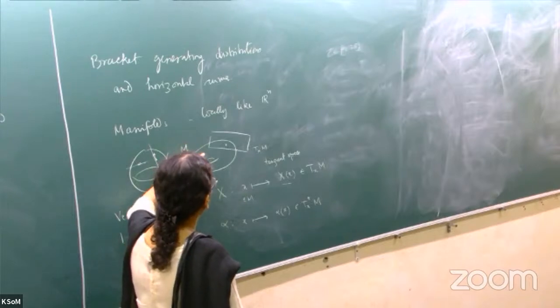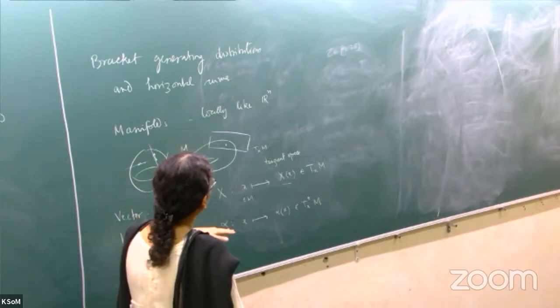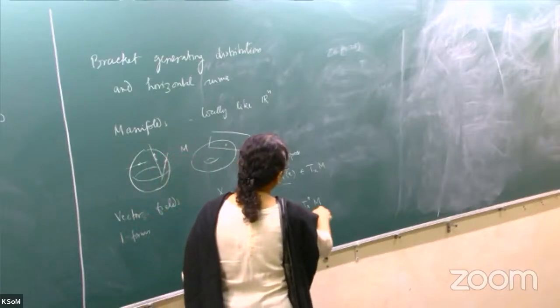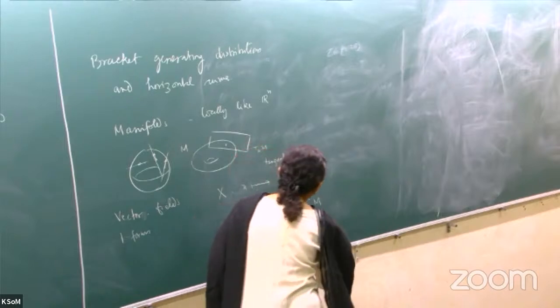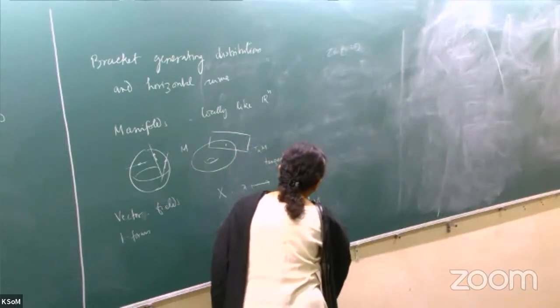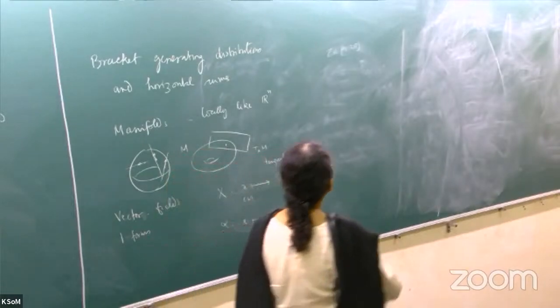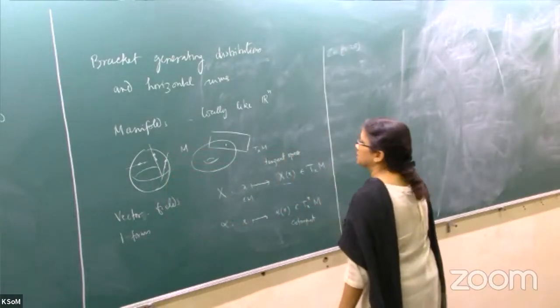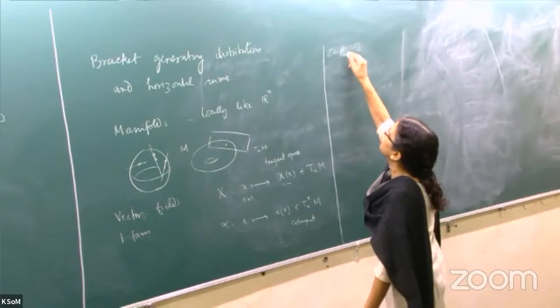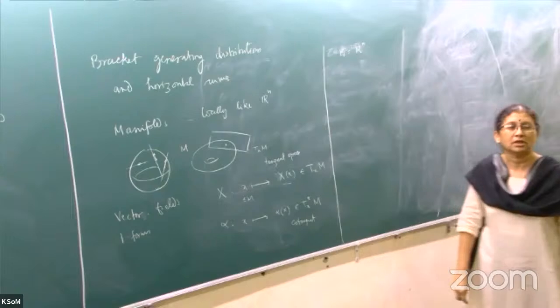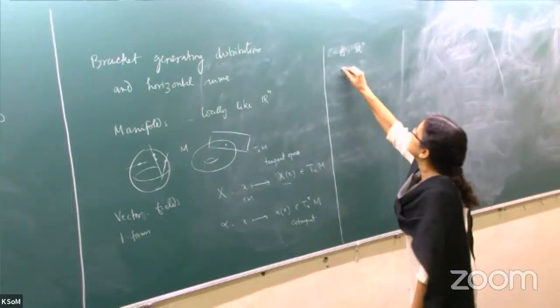At a given point, you have certain directions, and alpha is a one form which takes a point to its dual element. Examples: if you are not familiar with manifolds, you can simply think about R^n and vectors.